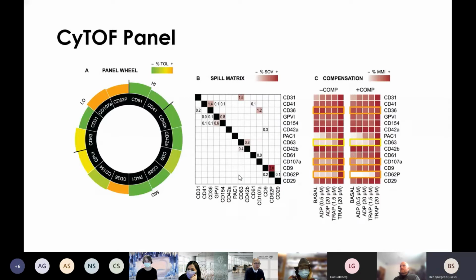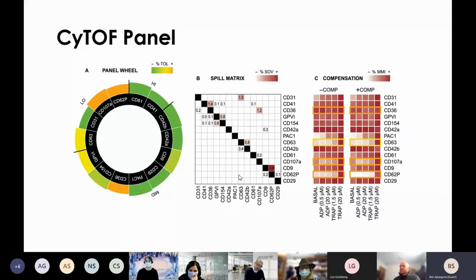It is a relatively small panel of 14 markers, but spillover exists in several channels. The MaxPar panel wheel shown here in panel A did a good job of predicting this spill and suggested that some of our markers, including CD107A, CD62P, and CD63, might be affected by spill and might have a low tolerance for it.